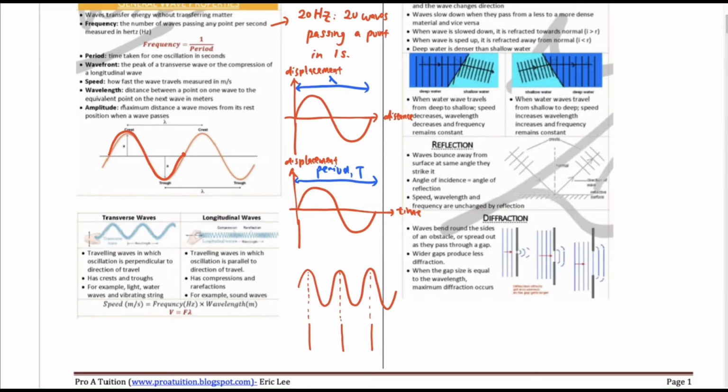So that's why they say a wavefront is the peak of a transverse wave or the compressions of a longitudinal wave. A longitudinal wave, I give one example. A longitudinal wave is like this one.